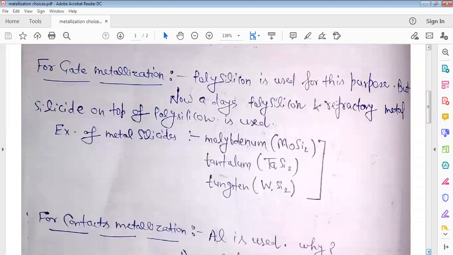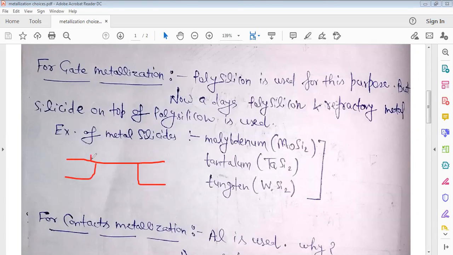So, first of all, let us consider what is to be done for gate metallization. For gate metallization, polysilicon is used.